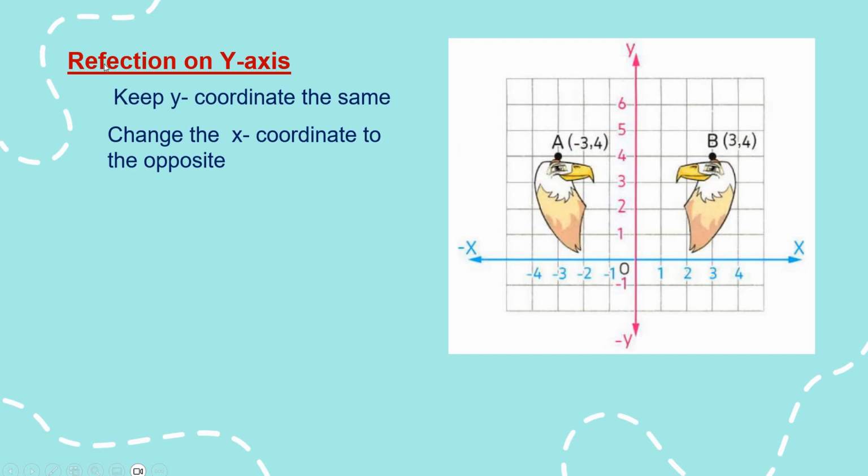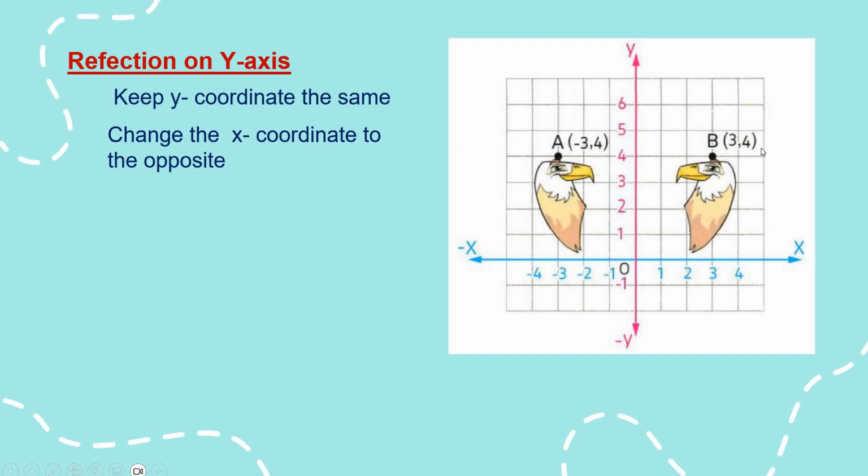Okay, so if we have a reflection on the y-axis, this is the mirror. It means I have here a point, and this is its reflection. Or I have here a point, and this is its reflection. How can I know this is a reflection? As you can see here, the ordered pair here is (-3, 4), and the ordered pair here is (3, 4).